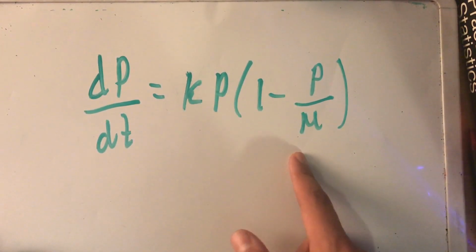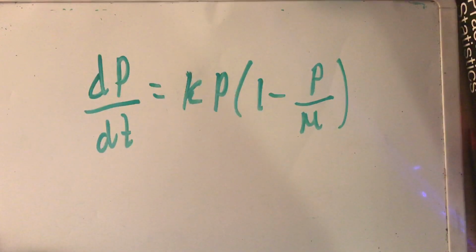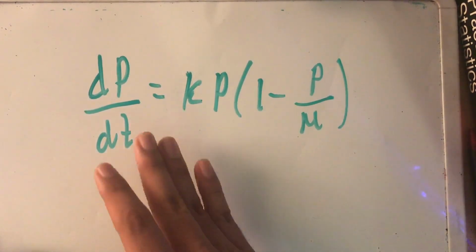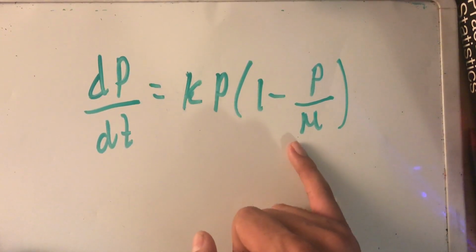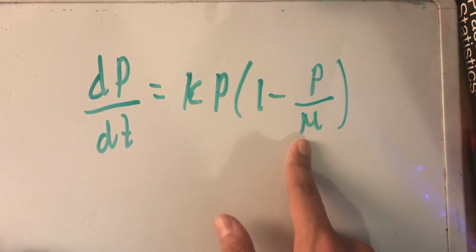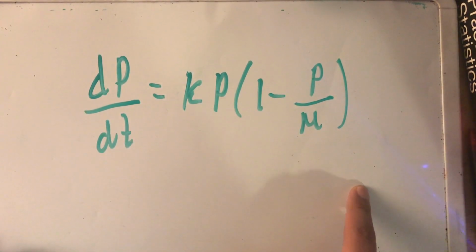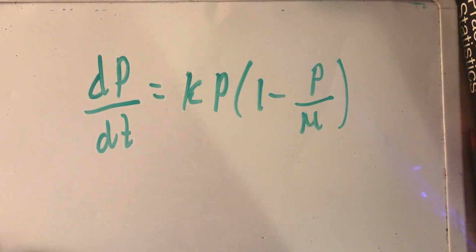Another thing they might ask is the rate of change of the population when it is growing the fastest, or the maximum growth rate. Instead of taking the derivative and setting it equal to 0 to find the maximum, all you need to do is take M, divide it by 2, and plug it in. That's your answer, because your population is always growing fastest at half of the carrying capacity.